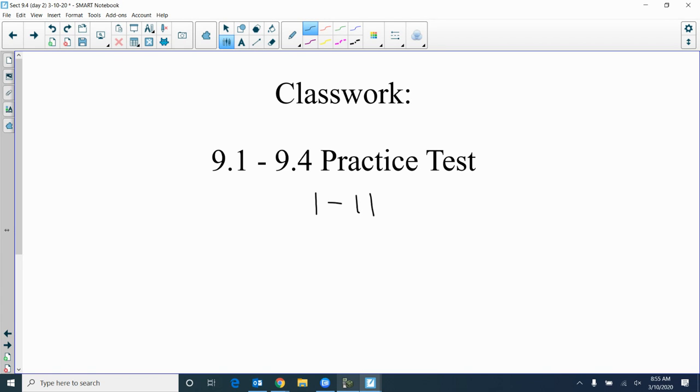Remember, your test will look very similar to this. I gotta double check the point value. Actually, 54 points, it looks like.